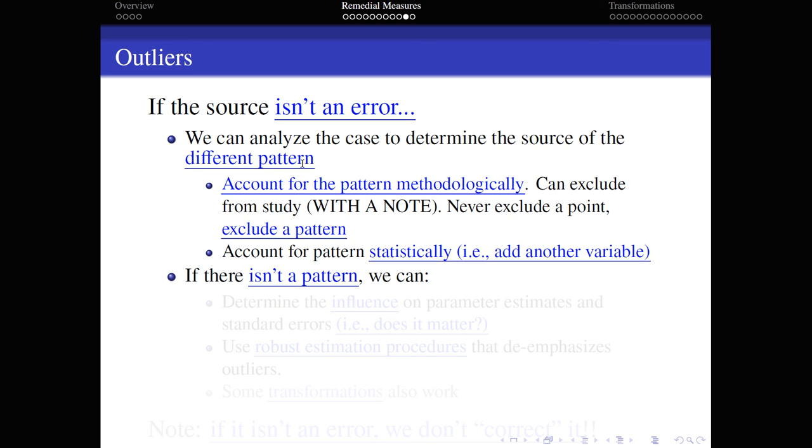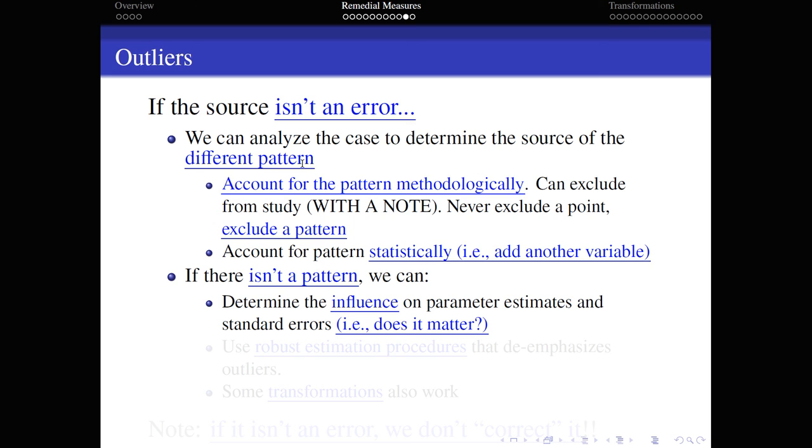What do we do? Well, first, when we just have outliers in our data, it's not an error, and I can't find a pattern that maybe needs to be excluded methodologically. And again, you always make a note when you do this. So in all of the examples I mentioned, writing in my study that I'm only going to look at males, or I'm only going to look at individuals without intellectual disabilities.